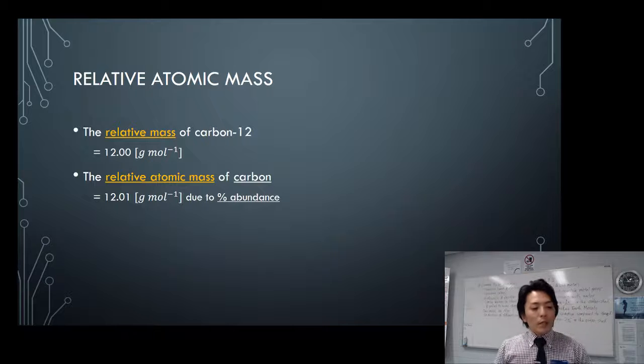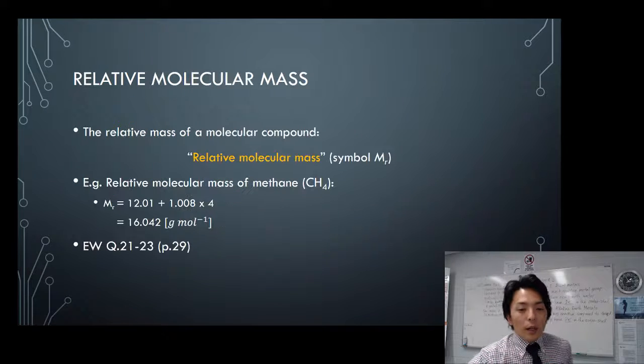The relative atomic mass of carbon is a number that you would see on the periodic table. It should say 12.01 grams per mole. And why does it have the 0.01 part? Because of the percent abundance. Because that's including other isotopes other than carbon-12, carbon-13 and 14. Hope that makes sense.